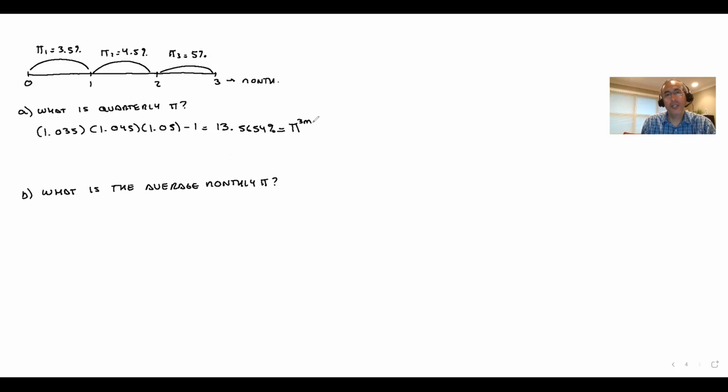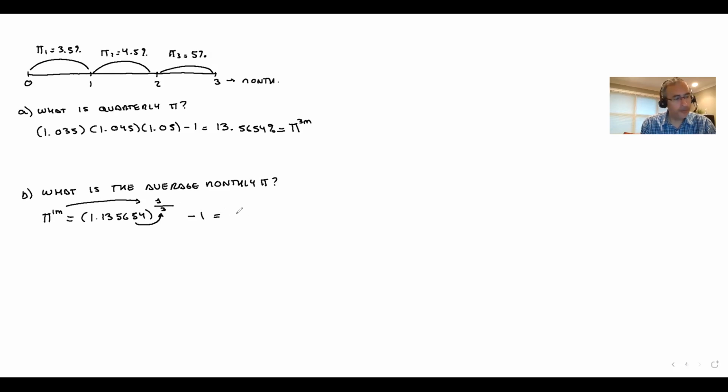Right? Now, once you have an inflation for 3 months, what they are asking you here is simply to tell me what is the inflation for 1 month. So this is a common transformation of compounding interest rates. And we have done that quite a lot. So this is going to be simply 1.135654 to the power of something minus 1. So remember, the period goes up. And this one here corresponds to a period of 3 months. So this is the inflation that corresponds to 1 month.